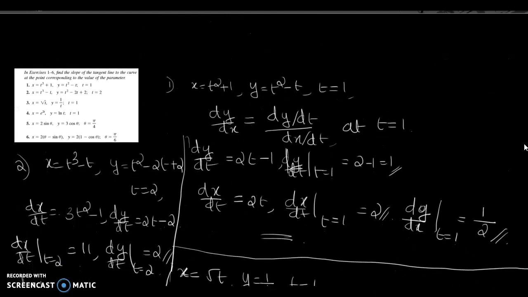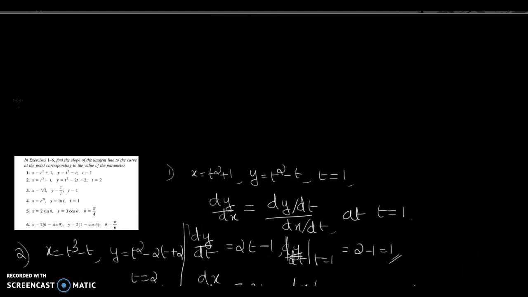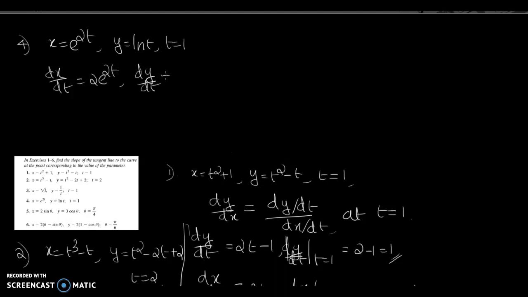Fourth one: x equals e raised to 2t, y equals log t at t equal to 1. So dx by dt equals 2 e raised to 2t, and dy by dt equals 1 by t.